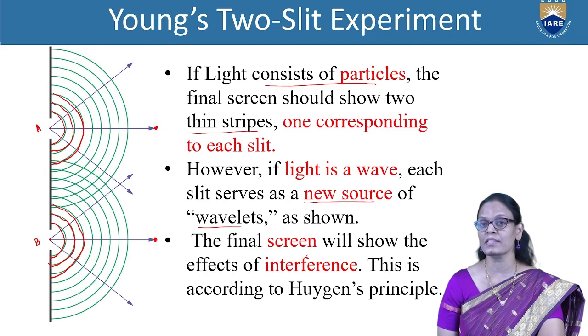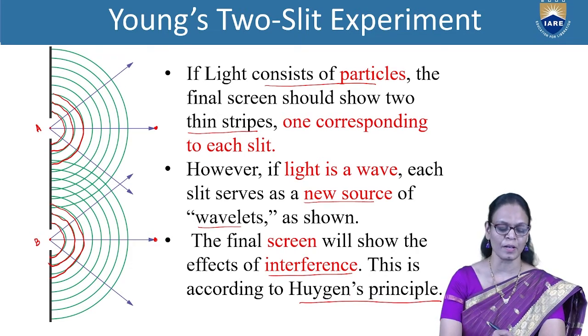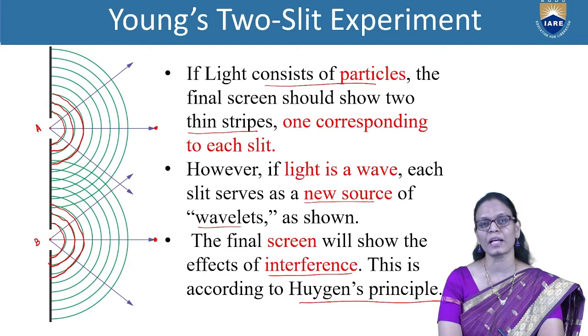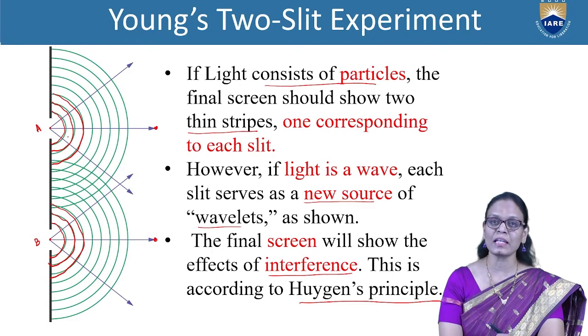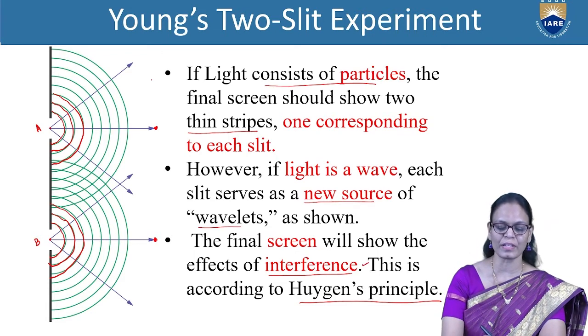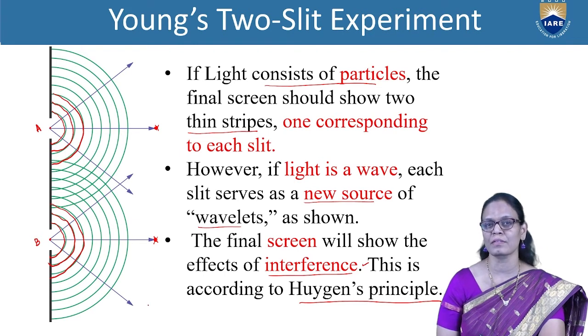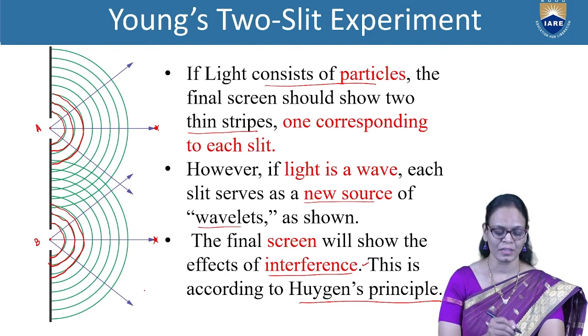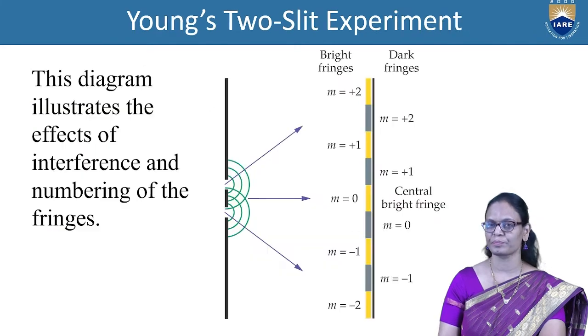And then the final screen will show the effects of interference. This is according to Huygens principle. We have studied in Huygens principle that each point on the wavefront acts as a secondary source and sends out secondary wavelets. Now when these secondary waves superimpose on each other, we get the interference pattern. That is how we see the effect of interference on the screen. We do not just see two spots on the screen, but we will see a series of bands on the screen, and that is due to interference.